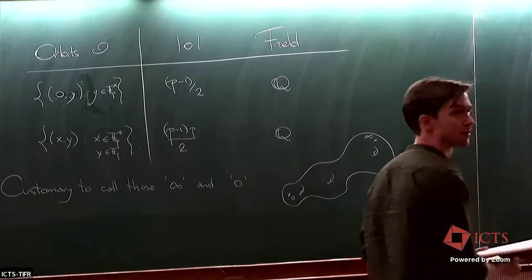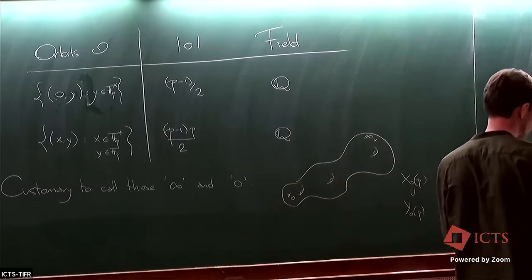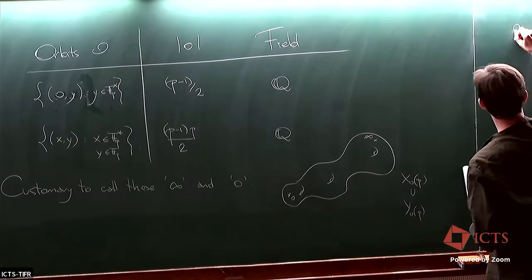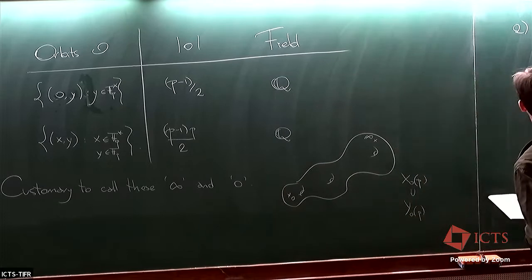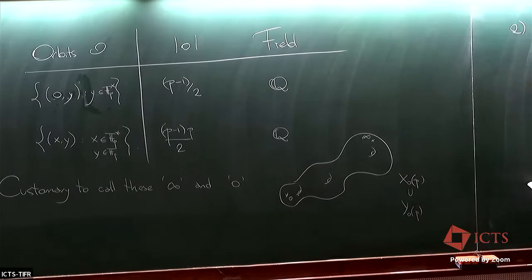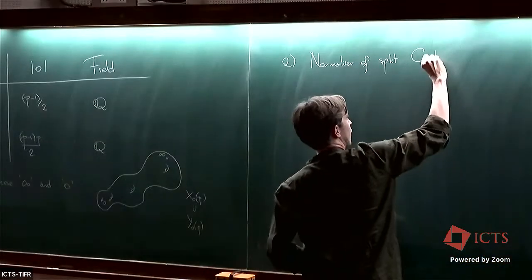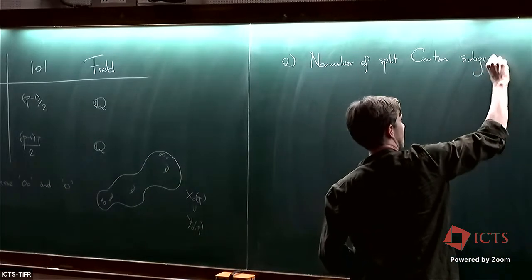What about the second one? The second one, well, my second one on my list today, happens to be the normalizer of a split Cartan subgroup. What does that mean?